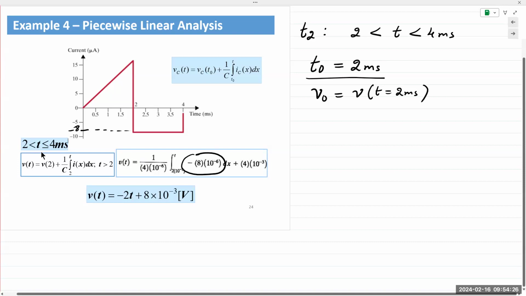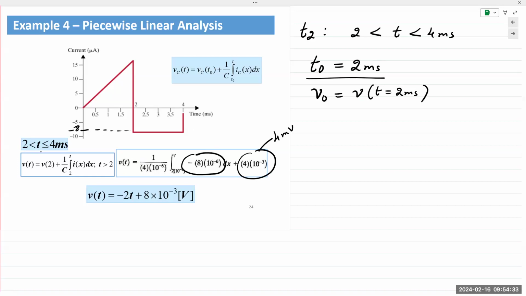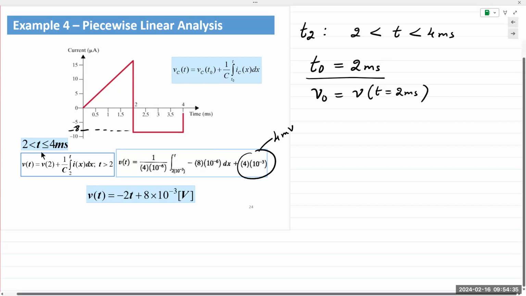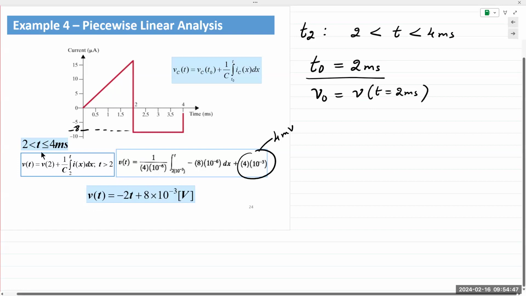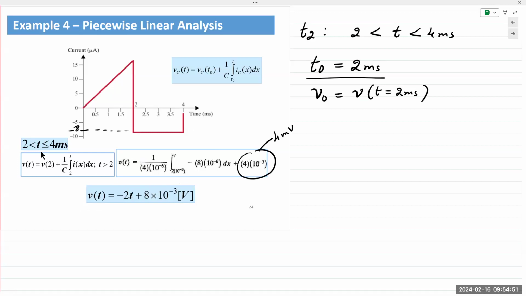You simply plug it in, and then of course this is V0, which is 4 millivolts. Solve the integral, and you get an expression which looks like this. It's still a function of time: -2t plus 8 times 10 raised to -3 volts. Still a function of time, changes.